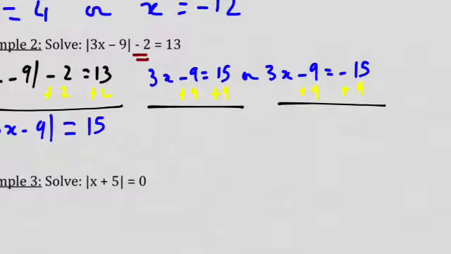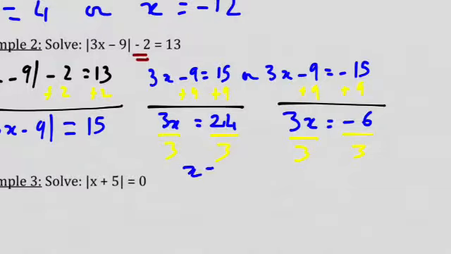When I do so, I have 3x equal 24, and right here I'm getting 3x equal negative 6. I divide by 3 both sides of my equation each time, and I end up with x equal 8 and x equal negative 2.